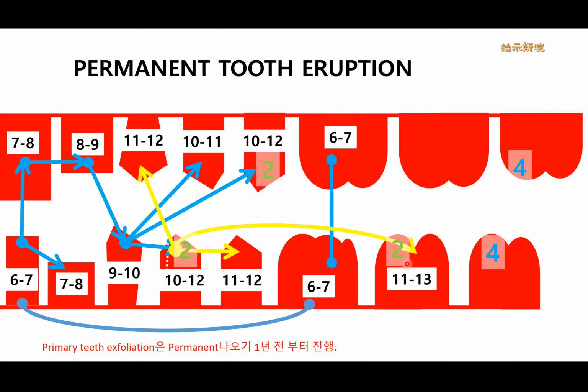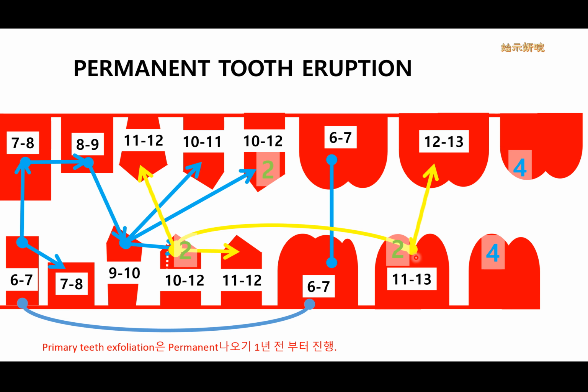And after the mandibular second molar erupts, what will erupt next? Of course, the same tooth which is upper, up above. So the maxillary second molar erupts at 12 through 13.